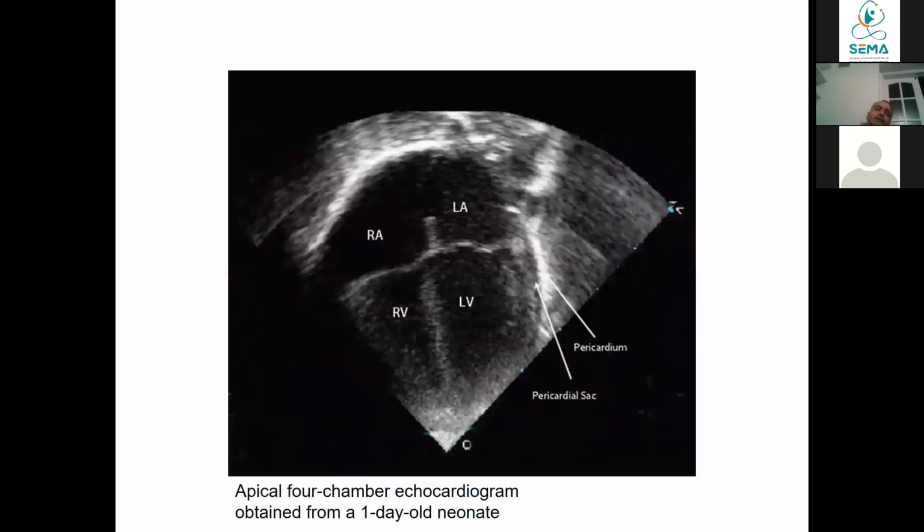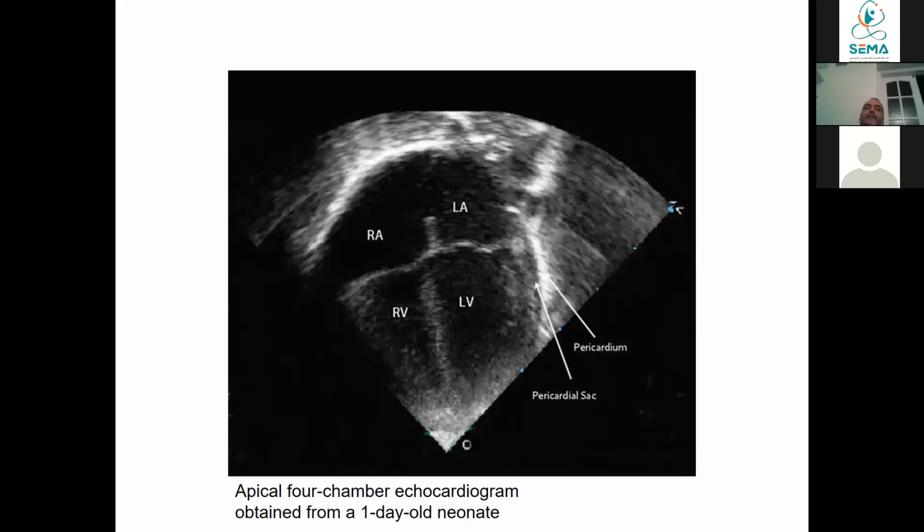Just a general principle like this one: this is an apical 4-chamber view in a 1-day-old neonate. In an adult it is the opposite. Most people prefer to make the window on the opposite side, so that the way you use the probe is the way the image comes.